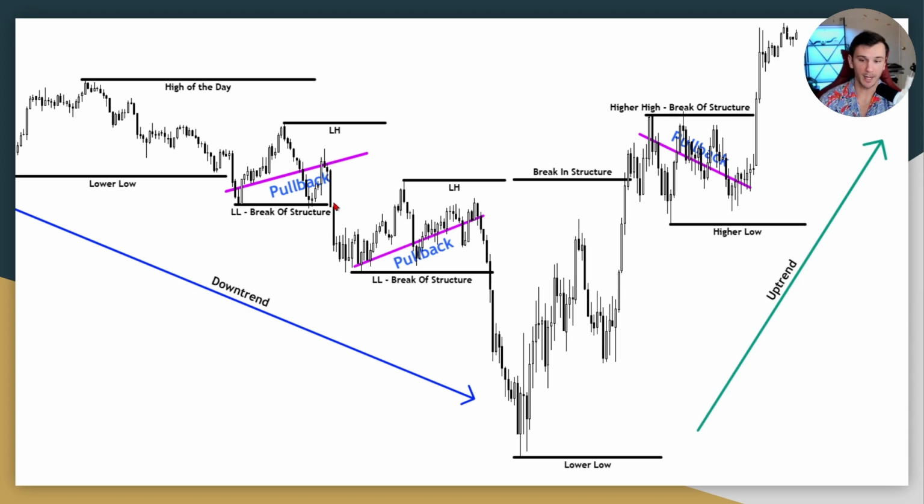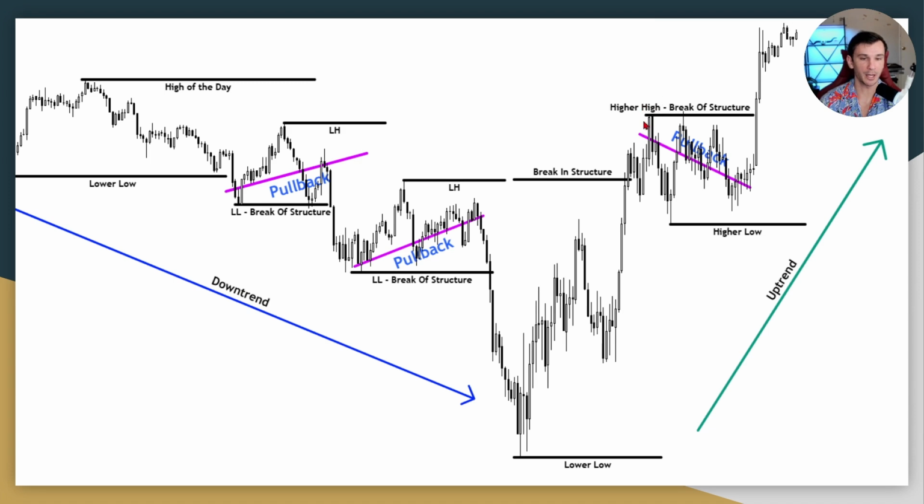We're getting pullbacks and breakouts to the downside and pulling back and breaking out to the downside, eventually winding up in a bit of a trading range where we've stayed inside of a high and a low for an extended period of time, and they can't seem to go any higher or lower, eventually making a higher high. And now we've broken structure to the upside.